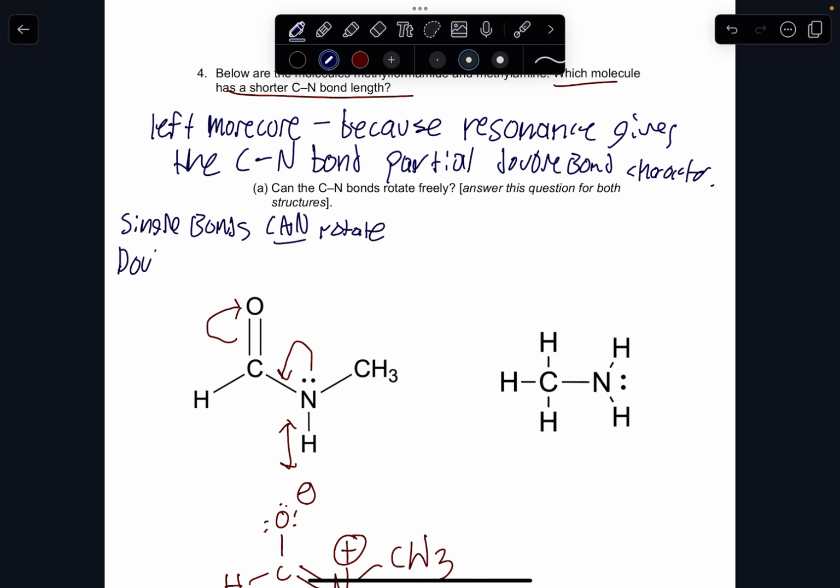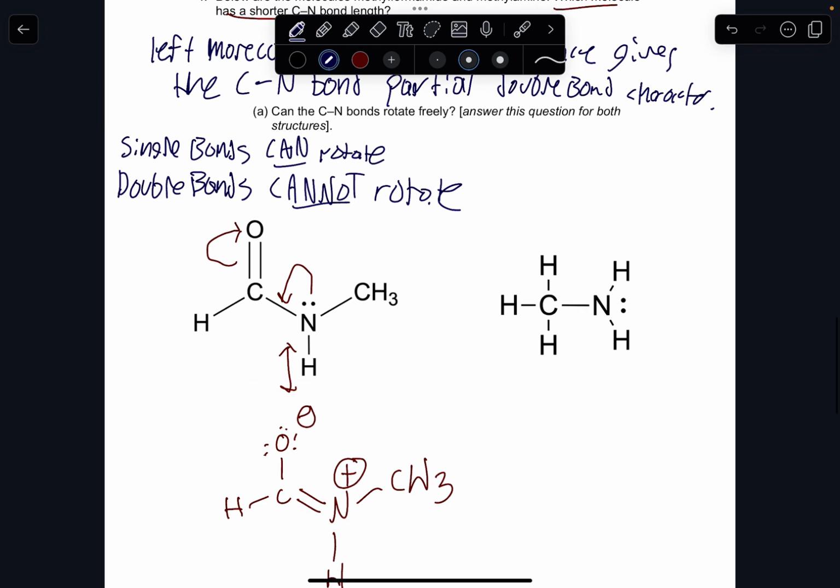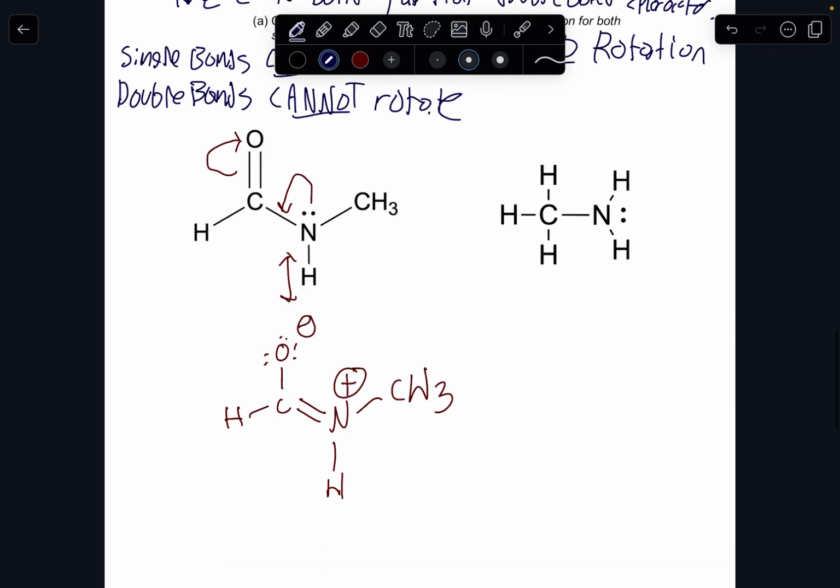Double bonds cannot rotate. Therefore, for the left structure, no rotation is possible because this bond has partial double bond character.